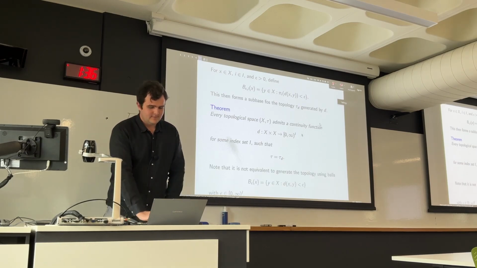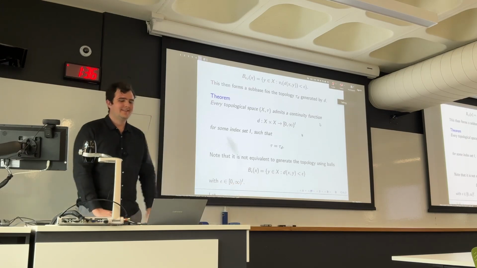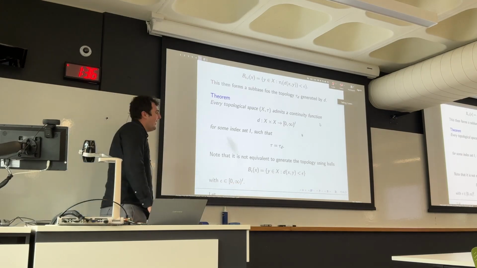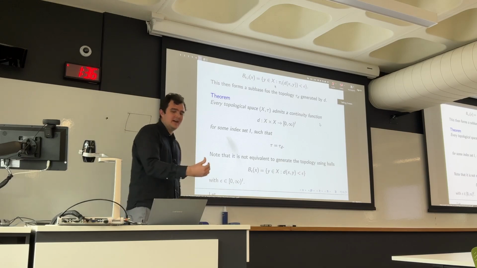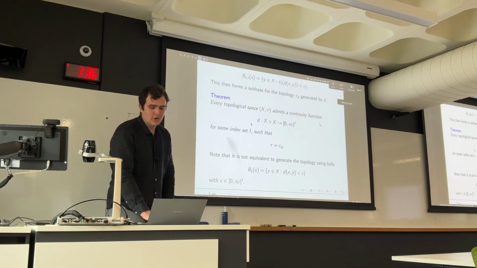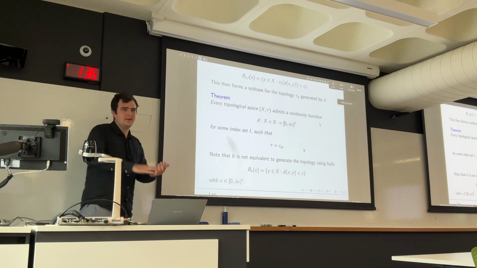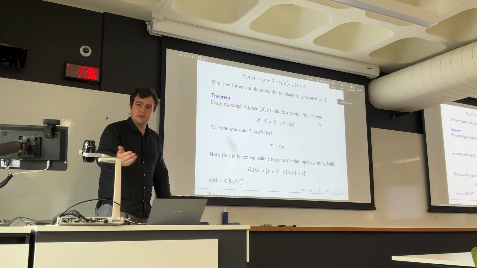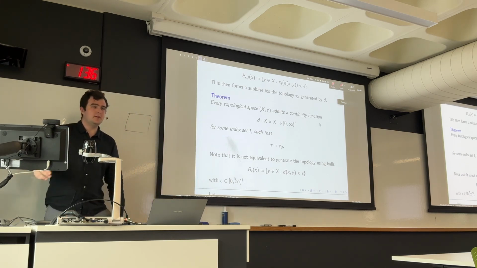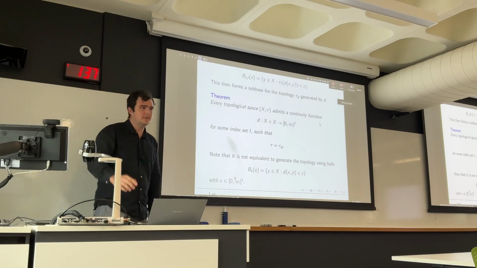Alright, stuff doesn't like being on screen. So we have introduced this π_i, just looking at the ith components. It's not equivalent to just using a standard ball construction with epsilon in the set of positives. All the things in V, sorry, you have to use a set of positives.